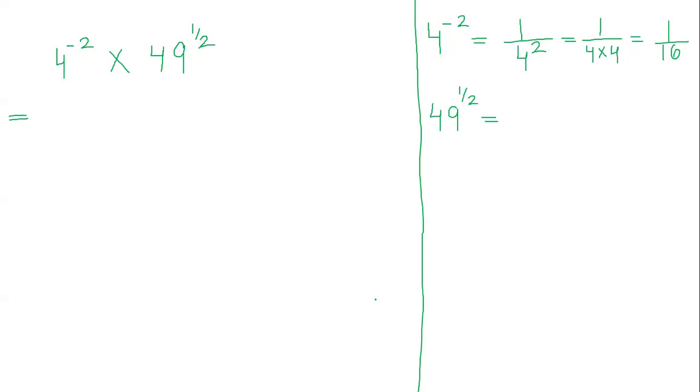We need to find the square root. Find the square root. That means the square root of 49. That's what this means. So 49 to the power of a half means the square root of 49.